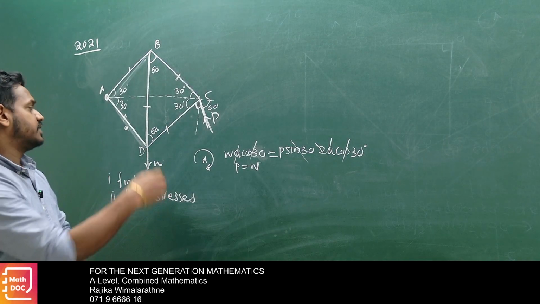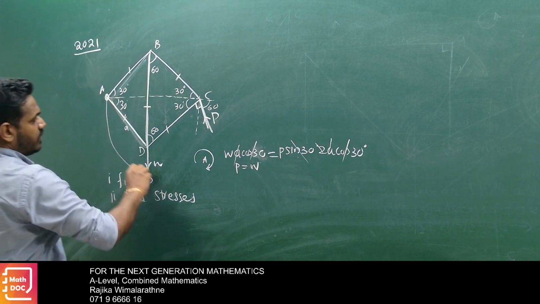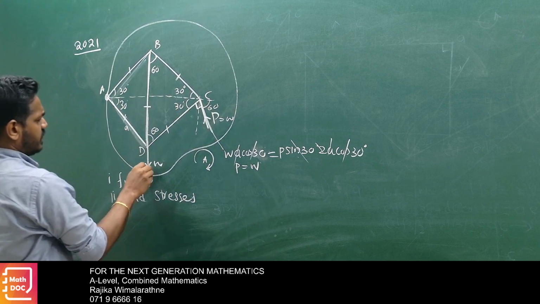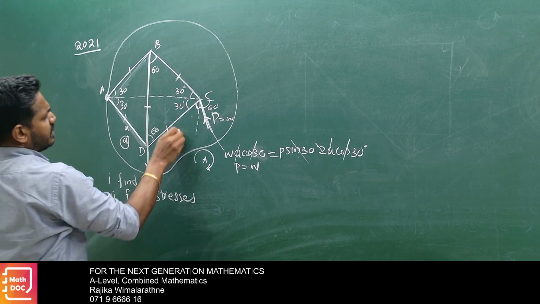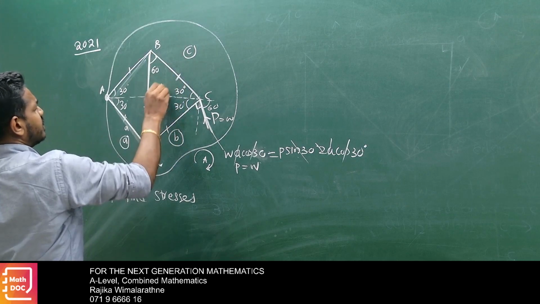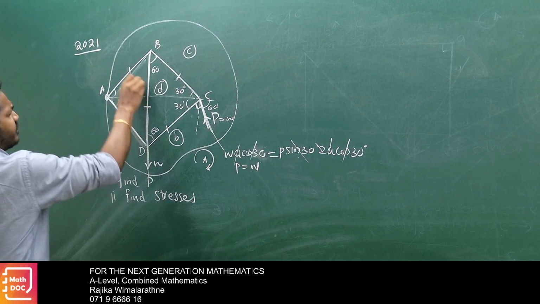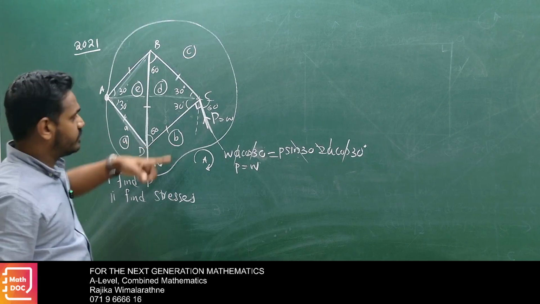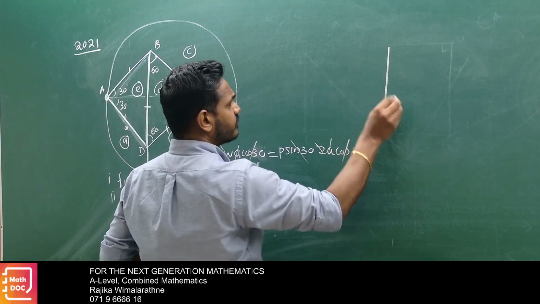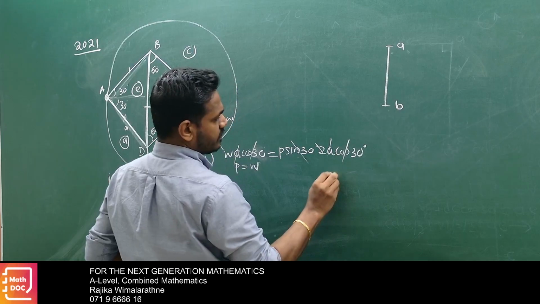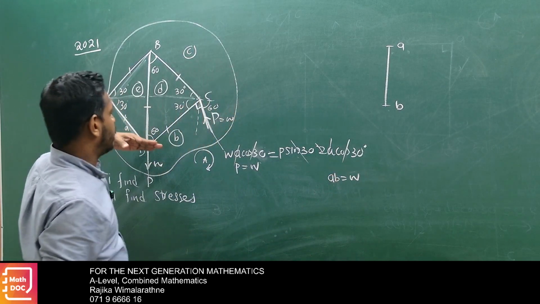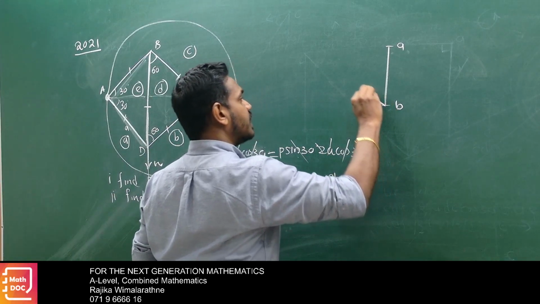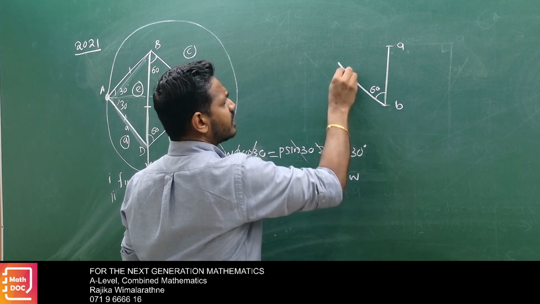Okay, then you sketch the boundary line. Here W, region A, B, C, D, and E. First you draw known forces. AB equal W vertically. Then BC to the horizontal 60, again W. See somewhere here.